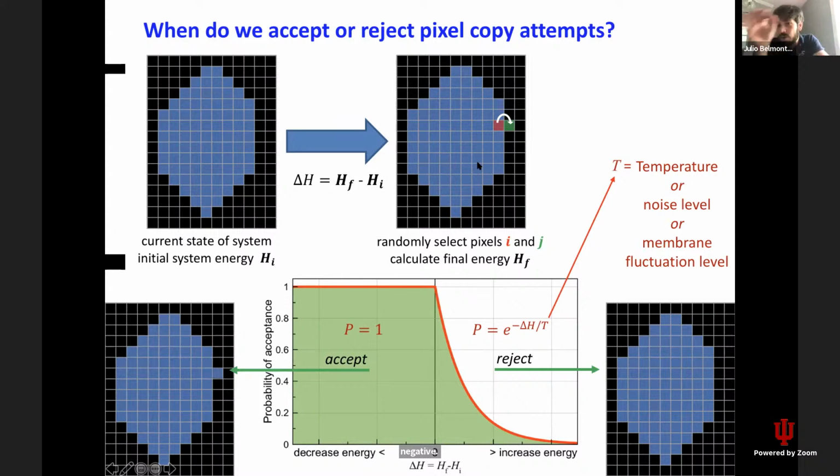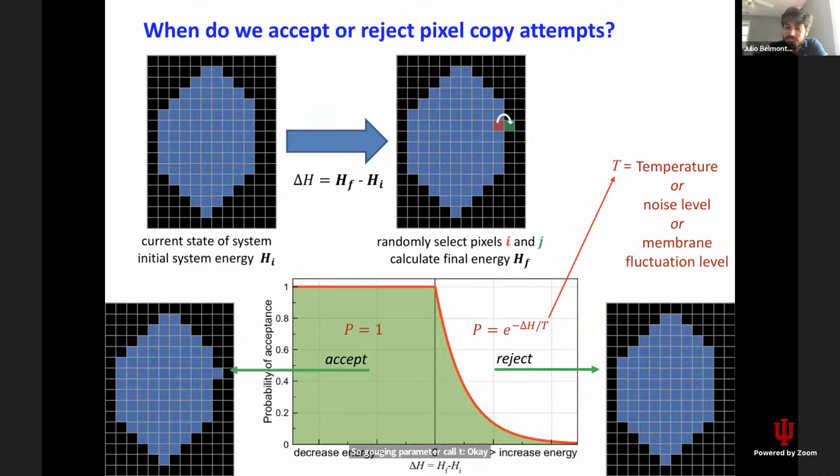If this is increasing the energy of your system, then you may or may not accept the pixel copy depending on a probability. In CompuCell simulations, we accept that using a Boltzmann distribution. You accept with probability equal to the exponent of minus the change in energy divided by some fudge parameter called T.